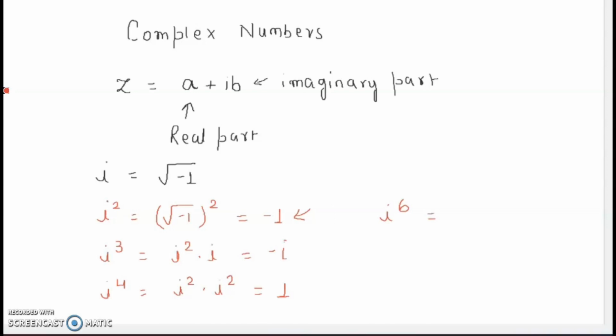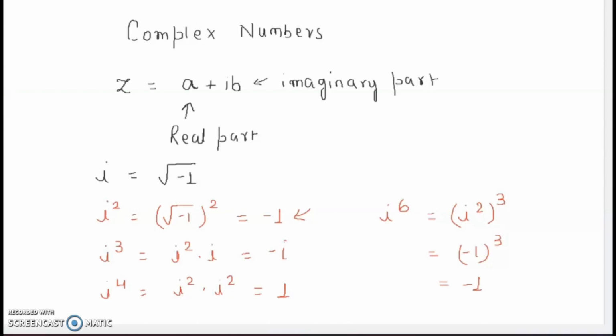You don't need to remember this; you can easily derive it. i raised to 6 we can write as i square whole cube, because that's the property of exponents. You already know this. Since we know the value of i square is -1, we can write this as -1 raised to 3. And what is -1 raised to 3? It is -1. So now we have the value of i raised to 6 as well. That's how you can find all the other values as well, right?